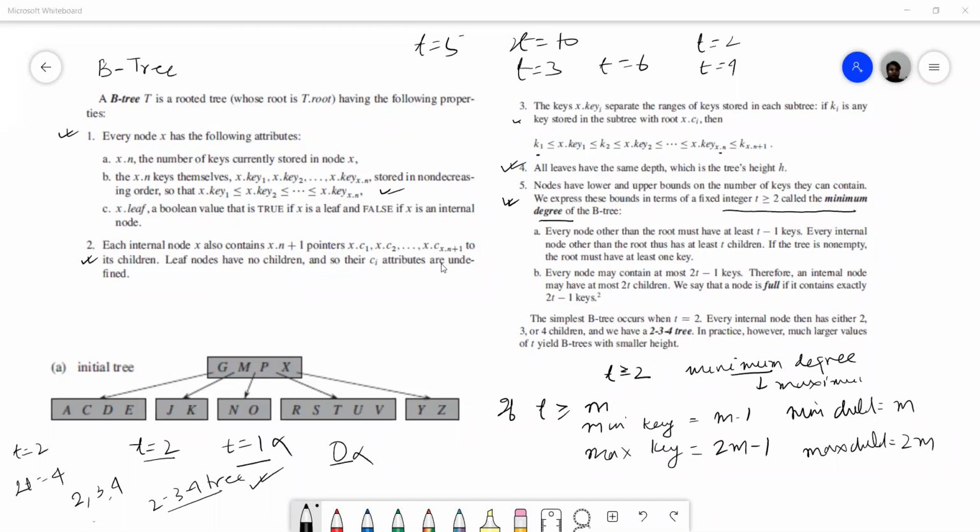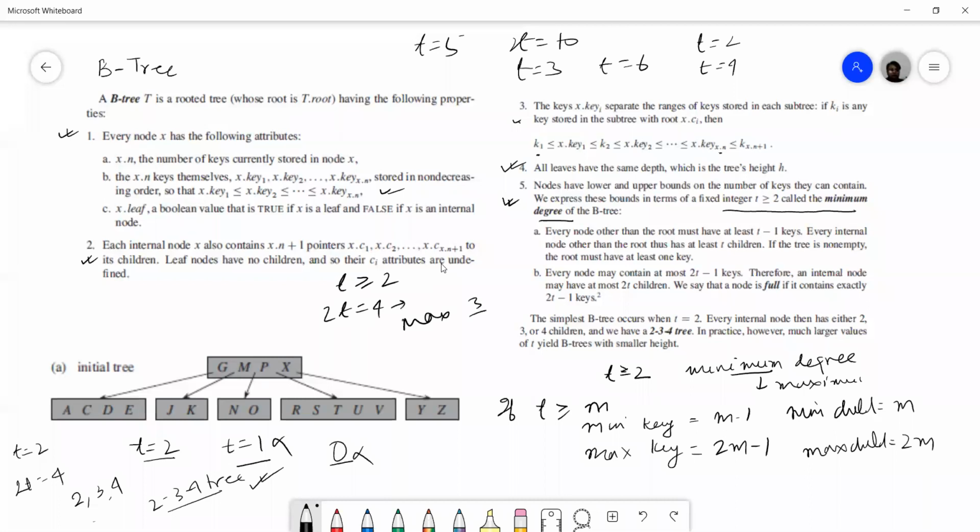And one more advantage is there because of this assumption that maximum degree is even. So the maximum number of keys will always be odd. Why? Suppose there is a B tree with minimum degree t equal to 2. So maximum degree will be 4, that is 2t. When 4 is the maximum degree, max key will be 3.